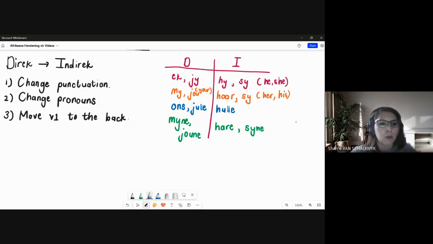So when you change sentences from direct to indirect, you have your types of sentences. Let's just, as a little side note, look at types of sentences.